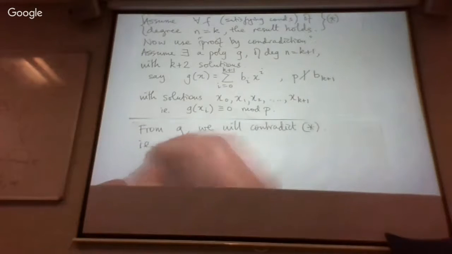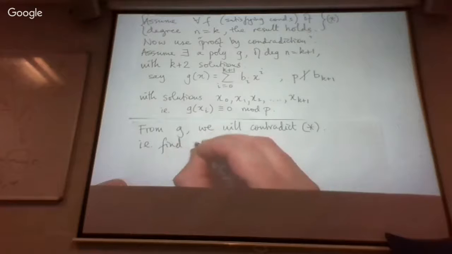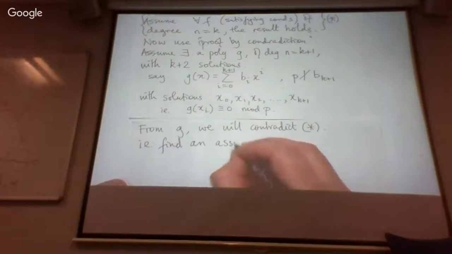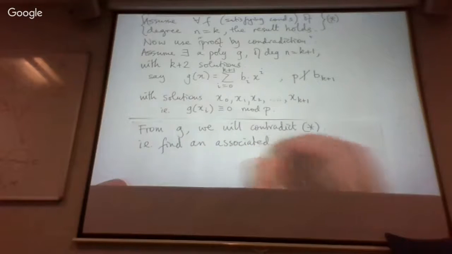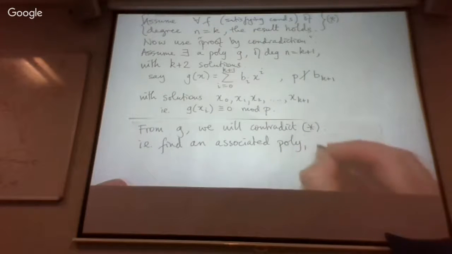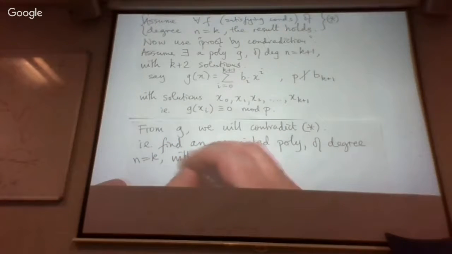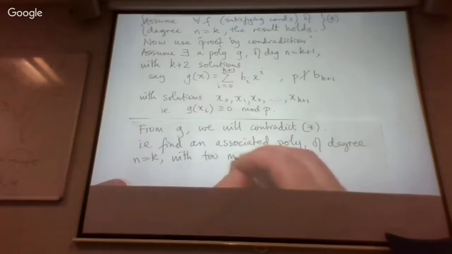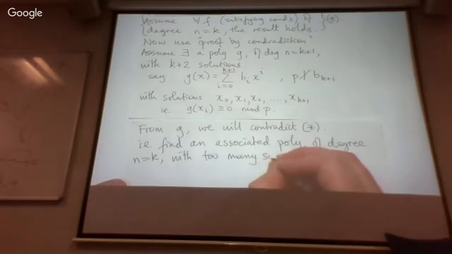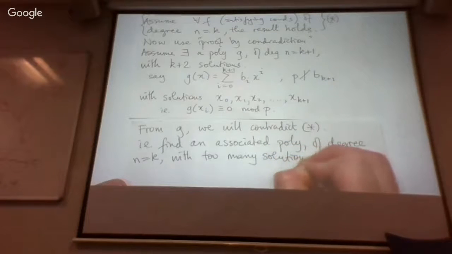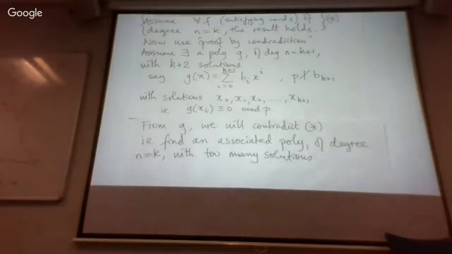So we'll find an associated polynomial of degree k, so 1 degree less, with too many solutions. If it has too many solutions, it will contradict the assumption.